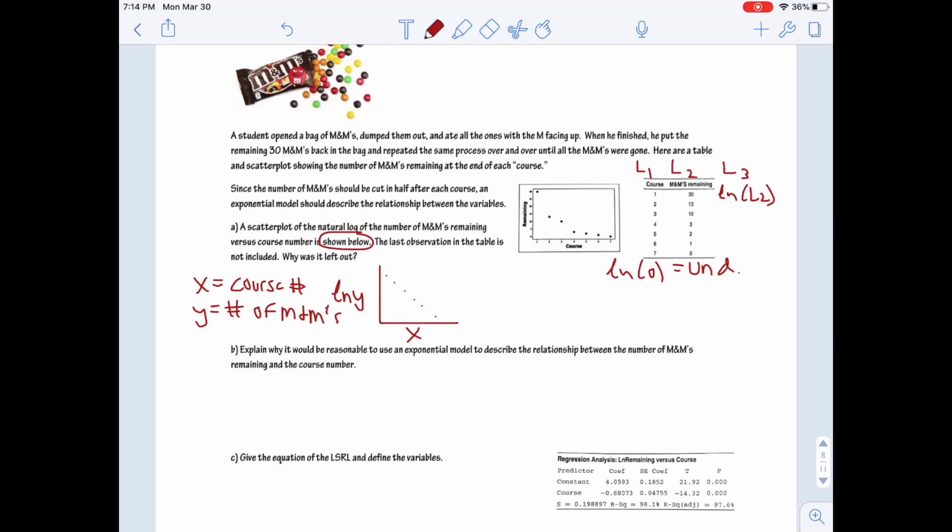Explain why it would be reasonable to use an exponential model to describe the relationship between the number of M&Ms remaining and the course number. Why is it reasonable? Because the scatter plot of ln y versus x shows a strong negative linear relationship.